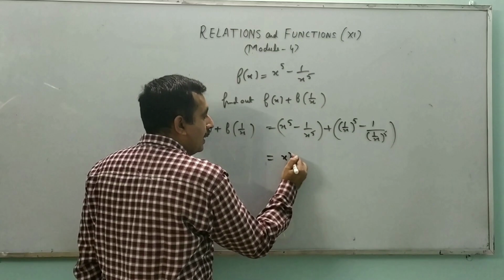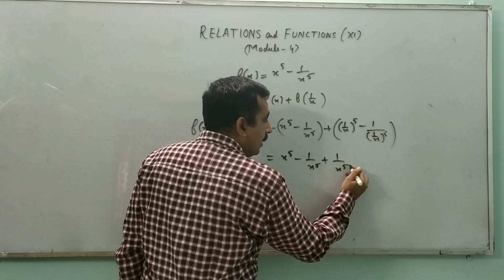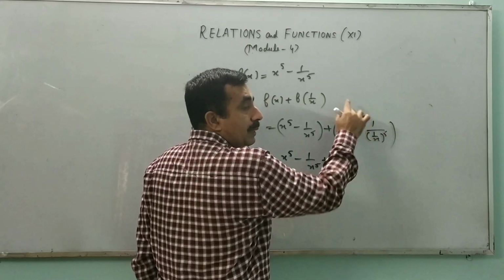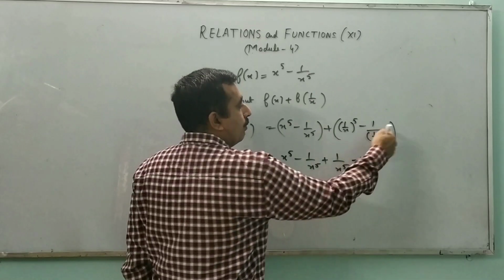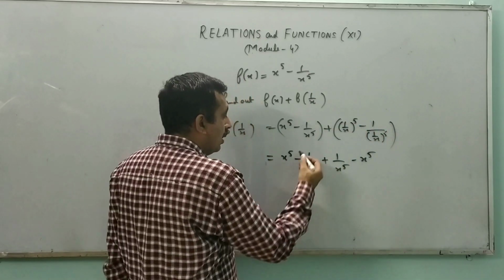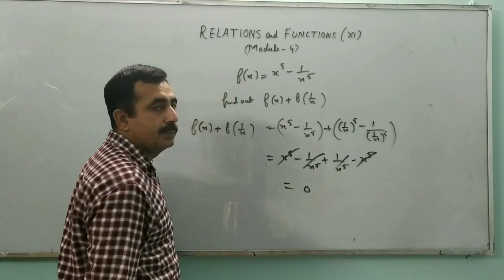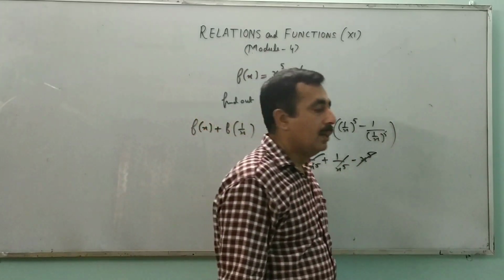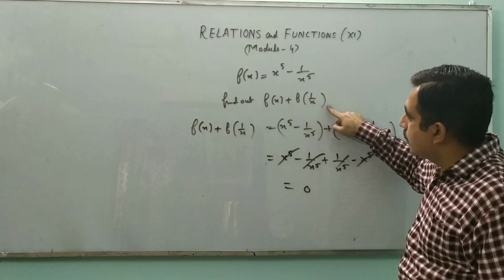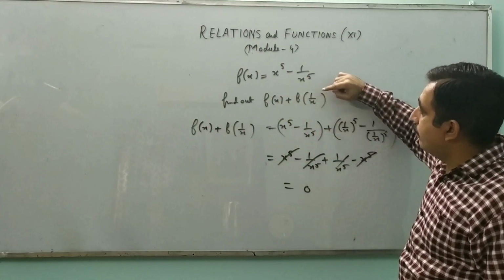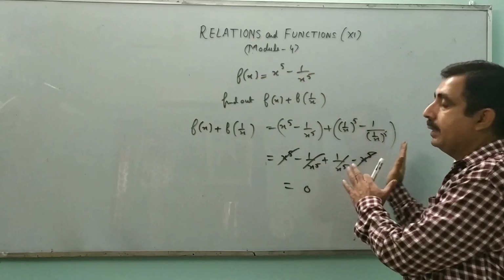In the next step, it is x⁵ minus 1 by x⁵ plus 1 by x⁵, and this goes to the numerator, so it is minus x⁵. 1 power 5 is 1. And now x⁵ cancels with x⁵, this value cancels with this value. So when f(x) is given and you have to find this value, write the value of f(x), and when I need this, instead of x write down 1 by x, find this value and then cancel.